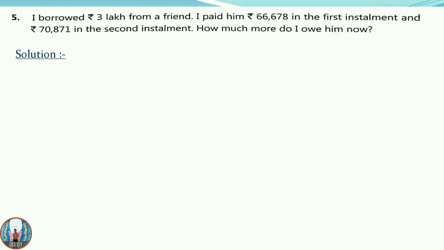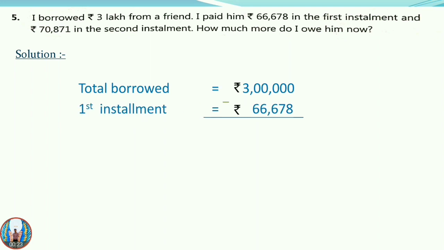Now question number 5. I borrowed 3 lakh from a friend. I paid him 66,678 rupees the first installment and 70,871 rupees in the second installment. How much more do I owe him now? So first of all, total borrowed is 3 lakh. The first installment means 66,678.